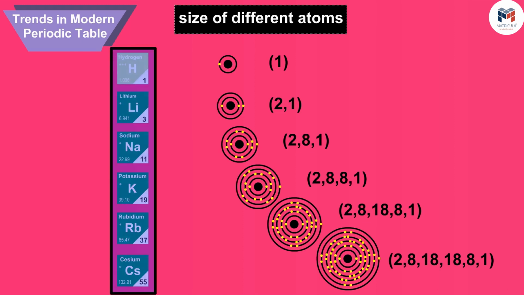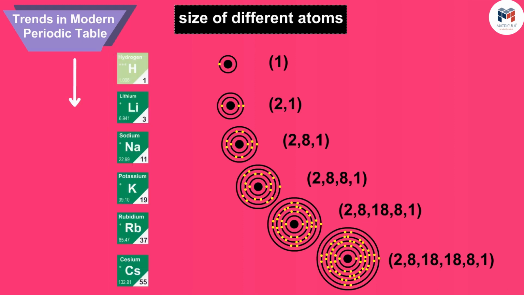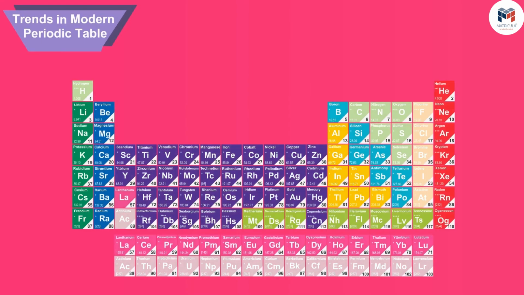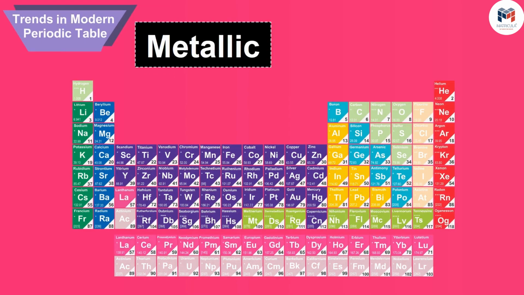When we move from top to bottom in a group of the periodic table, a new shell of electrons is added to the atoms at every step. In this way, the number of electron shells in the atoms increases gradually, due to which the size of atom also increases.